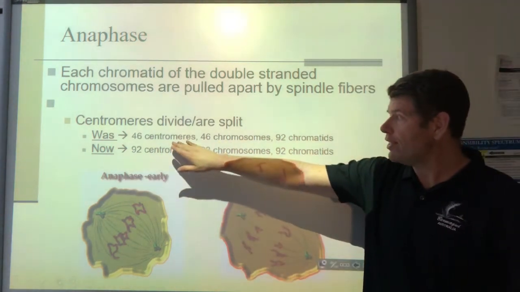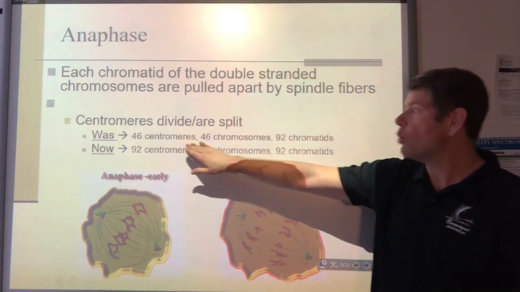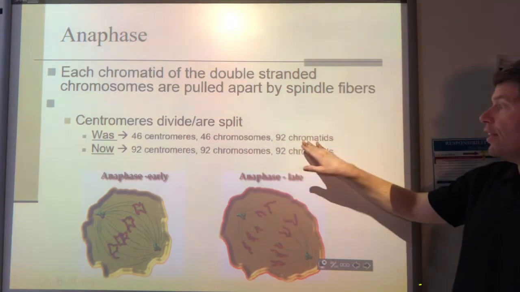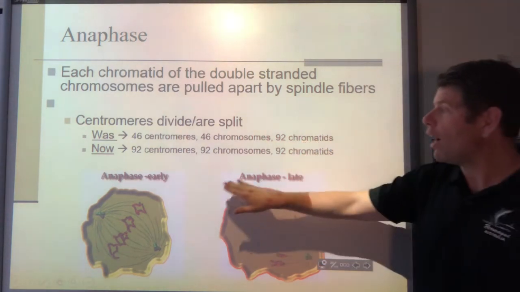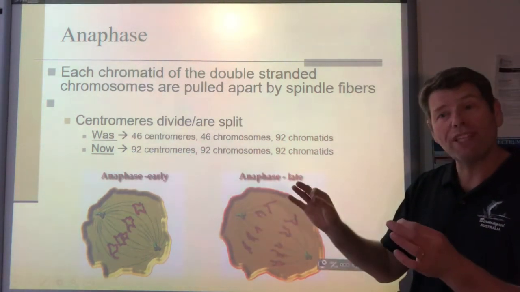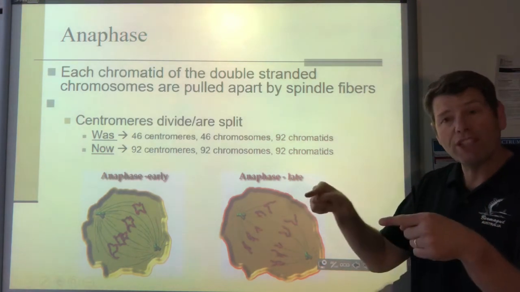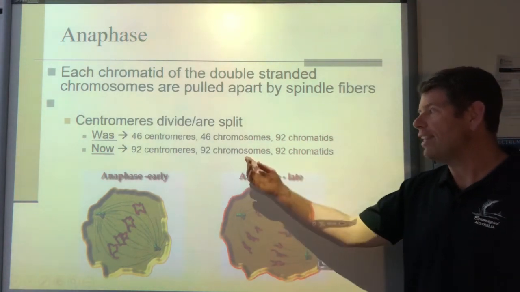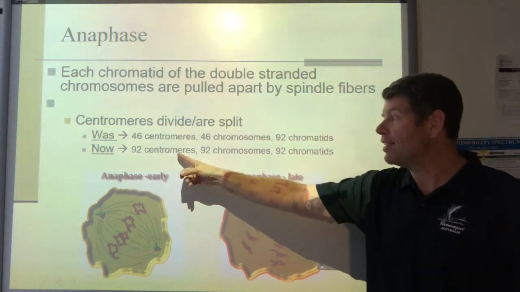We had 46 centromeres, so we had 46 chromosomes, which gives us a total of 92 chromatids. But now we have 92 centromeres because we've split those sisters, so each one of those sisters has its very own centromere. And we could actually say, now that we have individualized centromeres.